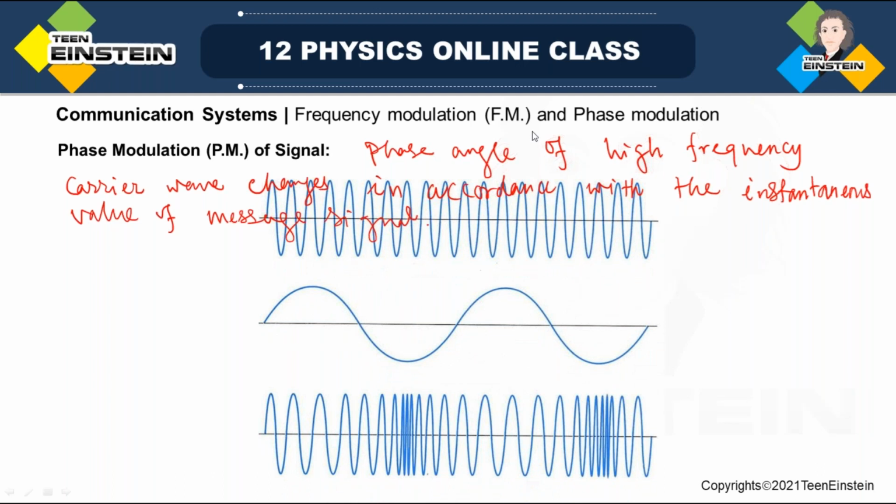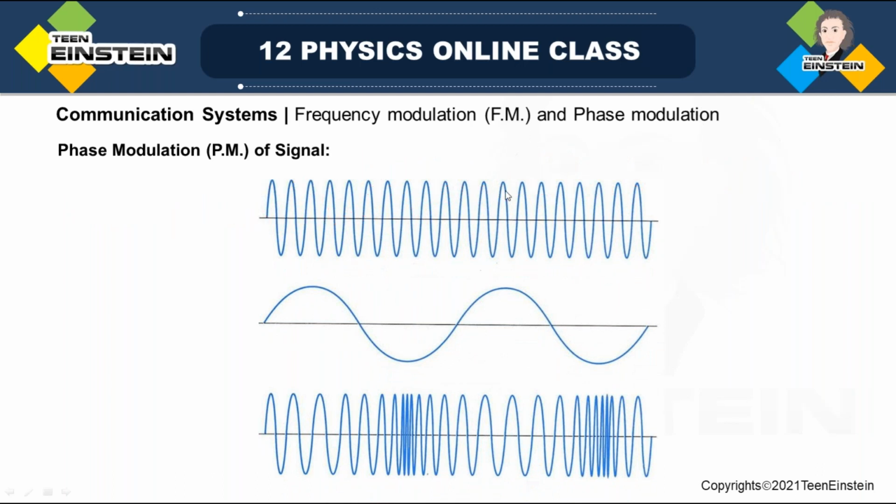Okay, so I think I'll erase the writing part. Look here, this is the high frequency carrier signal. And this is the message signal which has low frequency.